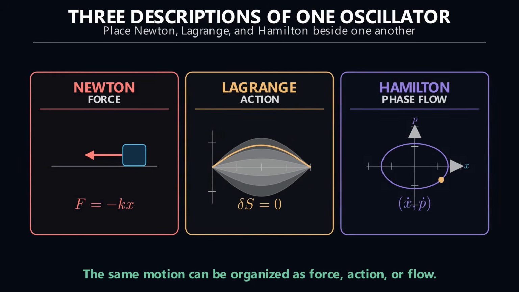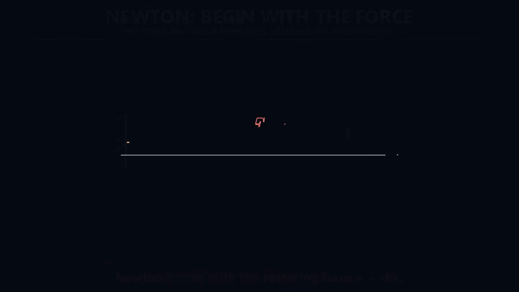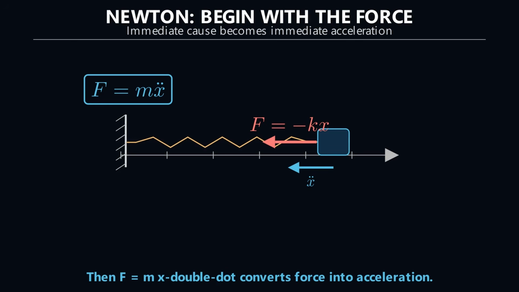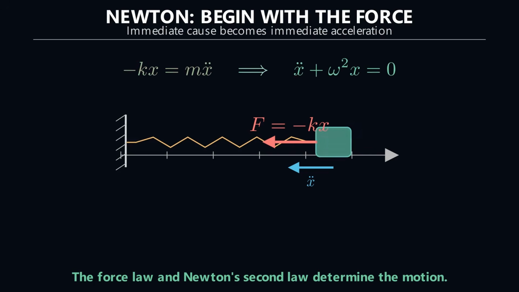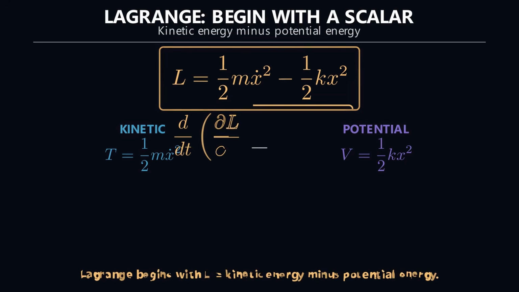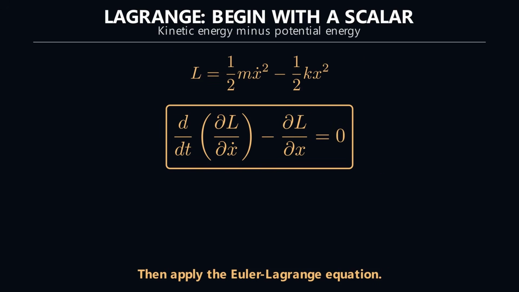Now, place the three descriptions beside one another. Newton begins with Hooke's law and uses F equals ma to obtain the motion. Lagrange begins with the Lagrangian, which is the kinetic minus potential energy, and applies the Euler-Lagrange equation.